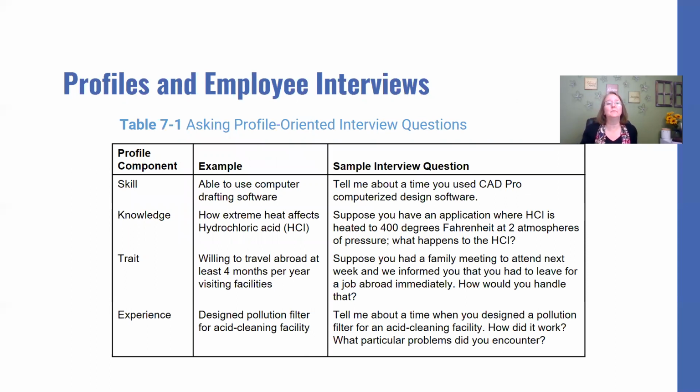So for example, you have the skill, you have an example of the skill, and then you have an interview question that matches that skill. So you've got that profile component, you have an example, and you have a sample question.